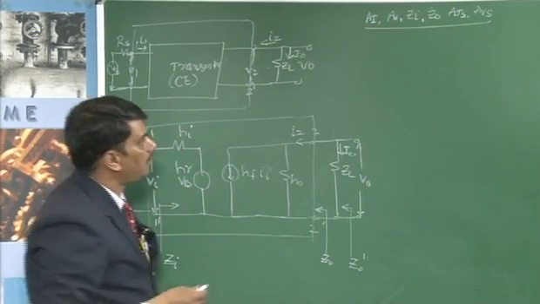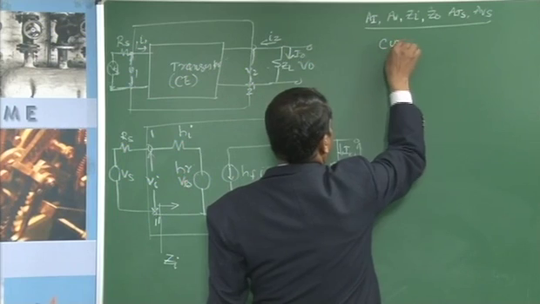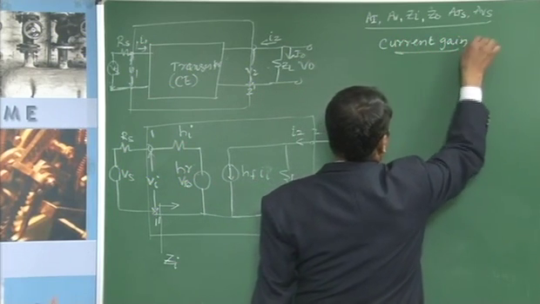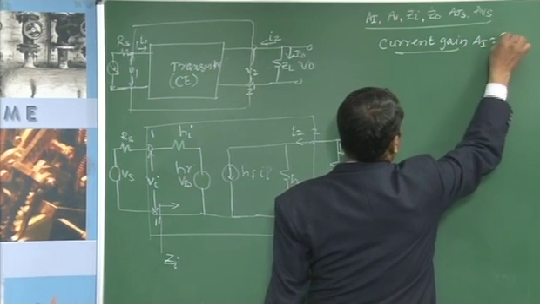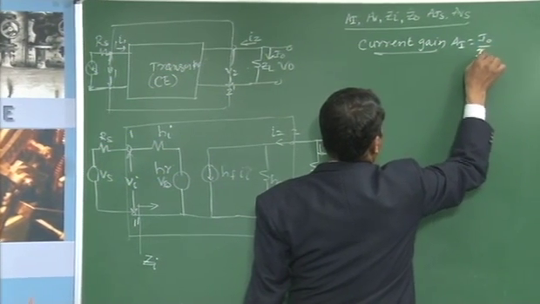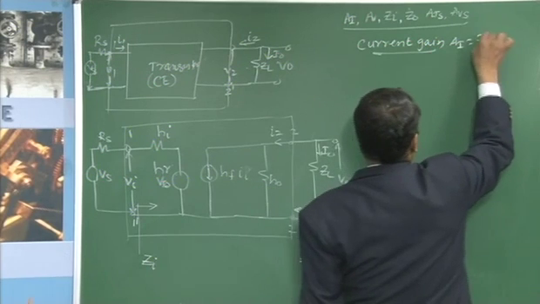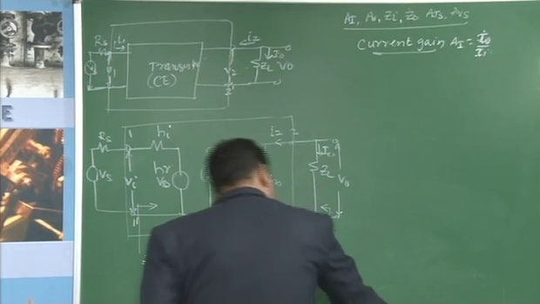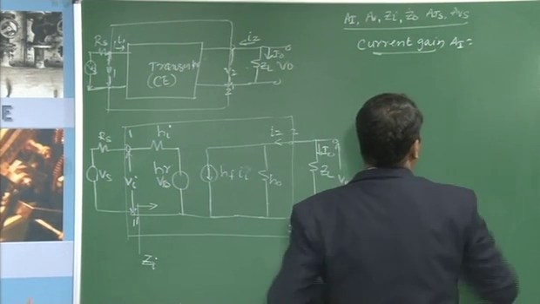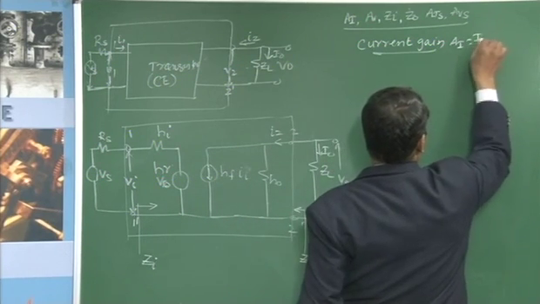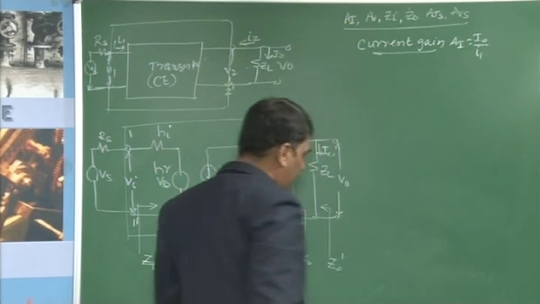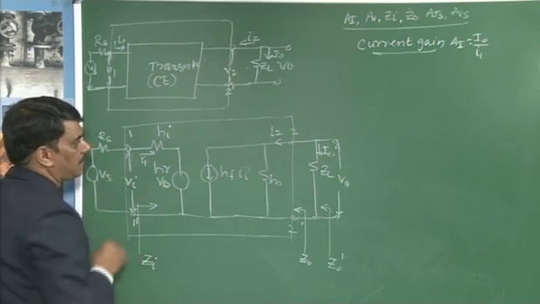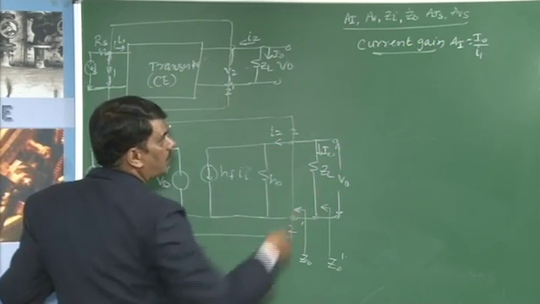First let us consider the current gain of an amplifier. Current gain AI is given by I0 by I1. I1 is the current flowing through the input terminals of the transistor, and I0 is the output current.